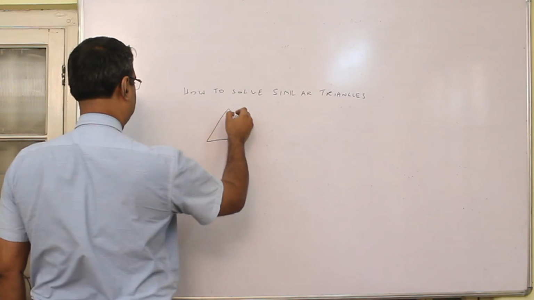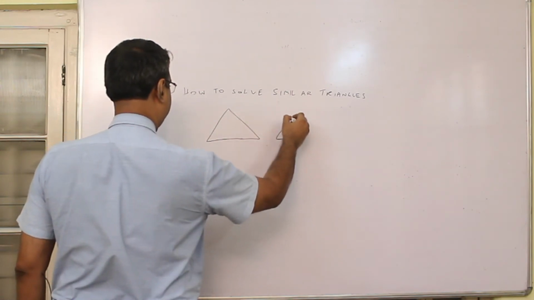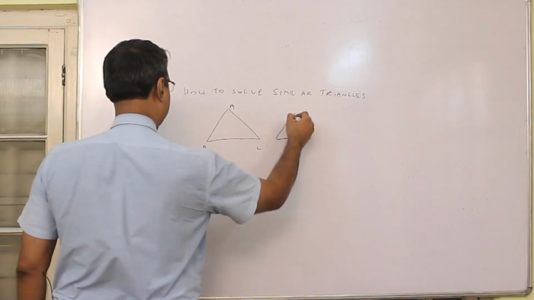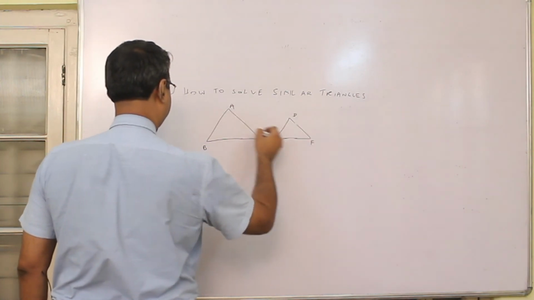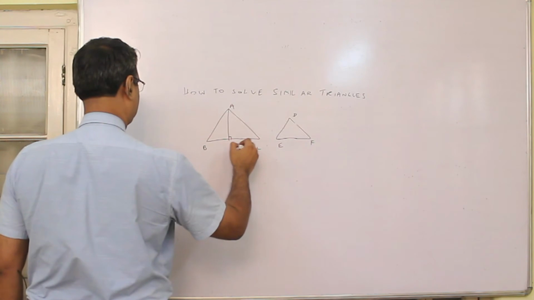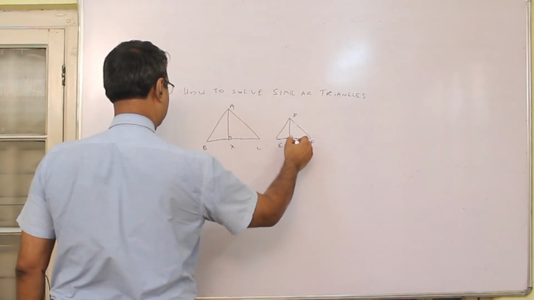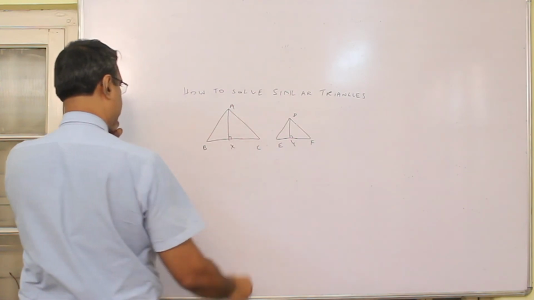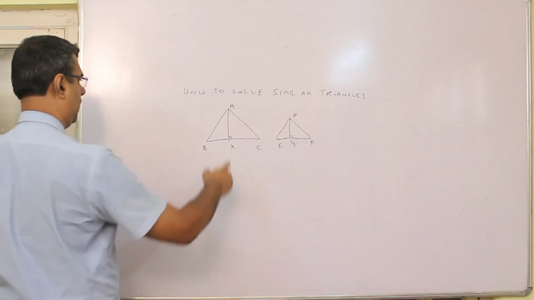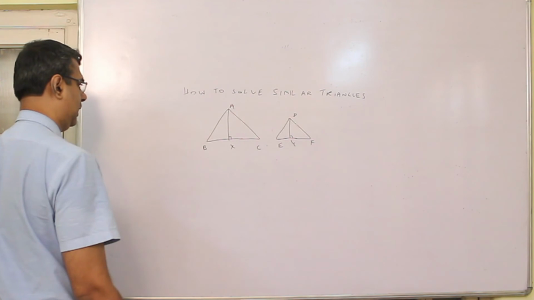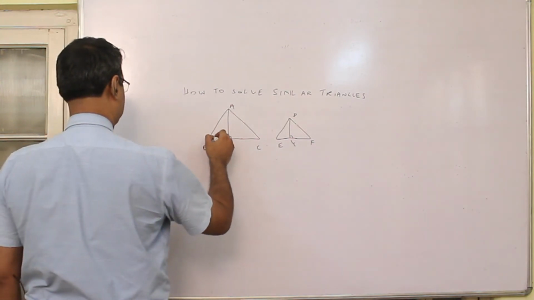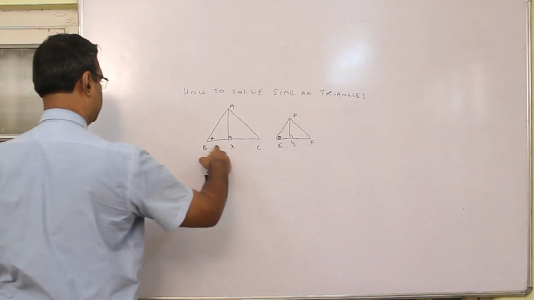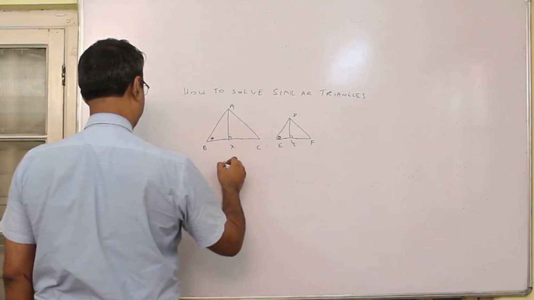Suppose there are two similar triangles ABC and DEF. I have drawn two altitudes AX and DY. So because of similarity of the two main triangles, if this is theta, this is also theta.